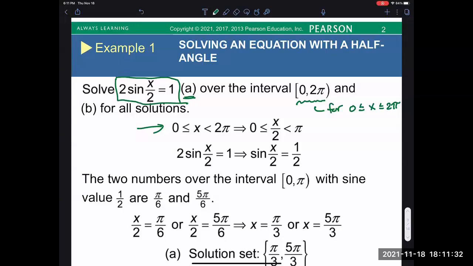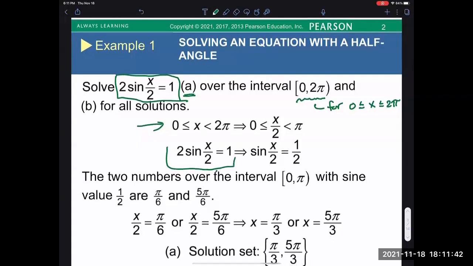And so then when we go to solve this equation, we still isolate the sine function. They took the equation and divided both sides by 2, and that got them that sine of x over 2 is equal to 1/2.